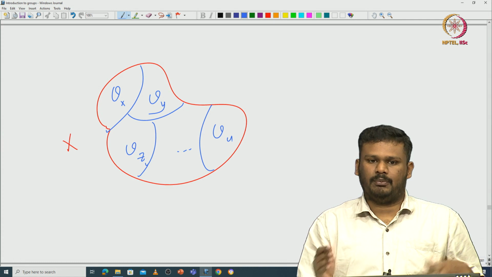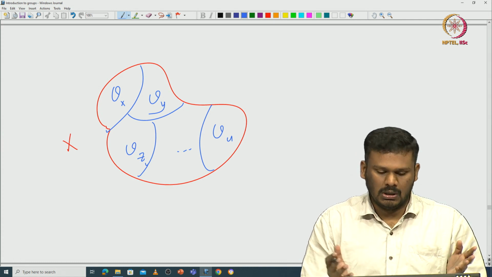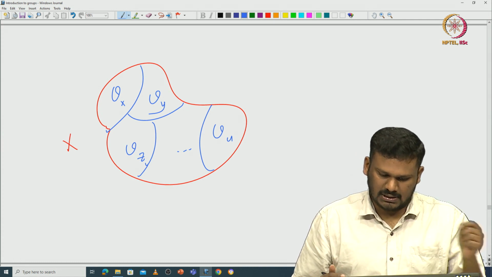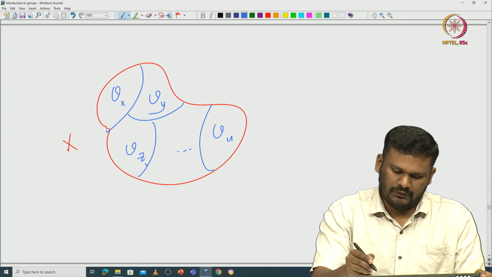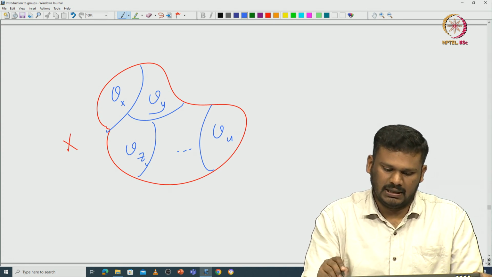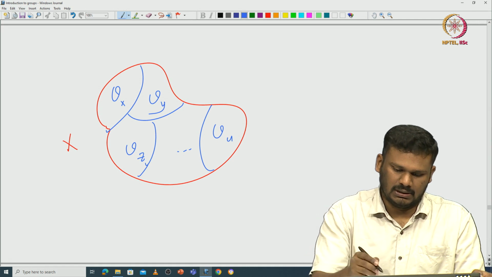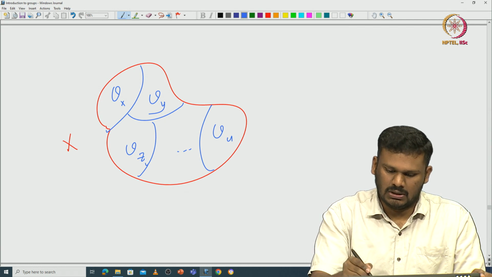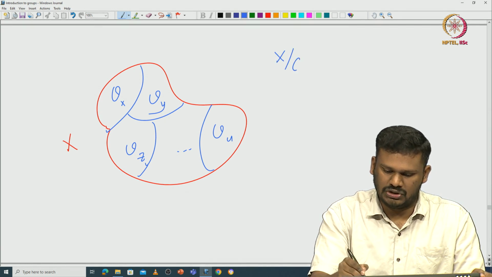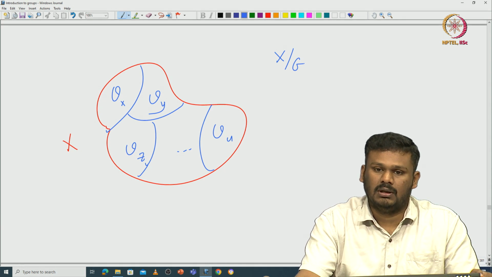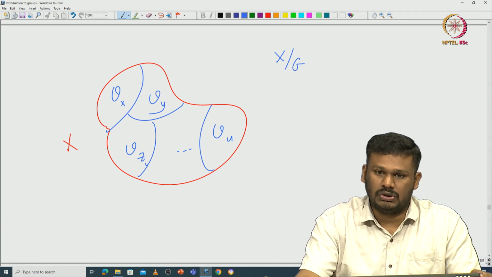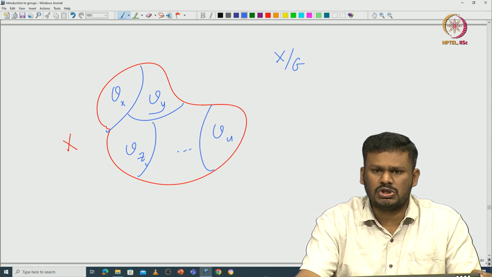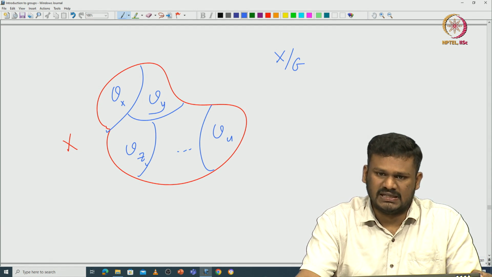Okay. So, you have partitioned capital X into small orbits. Now if you think about it, we need this parametrizing set. This is actually a standard notation that one can use. This X mod G, as before, we have introduced this in the quotient group or quotient set.